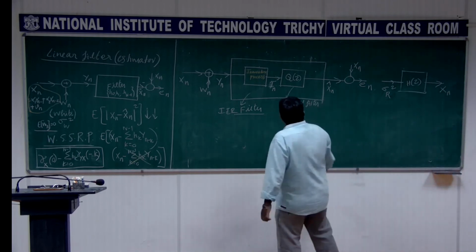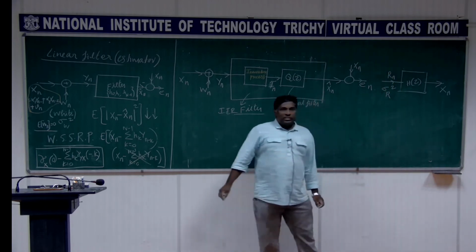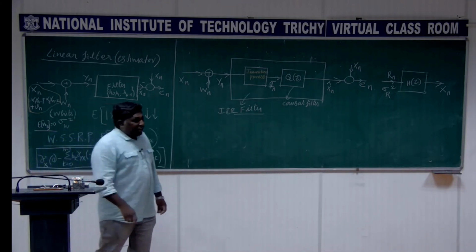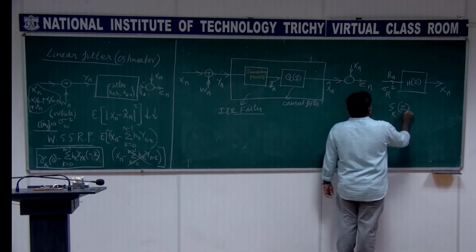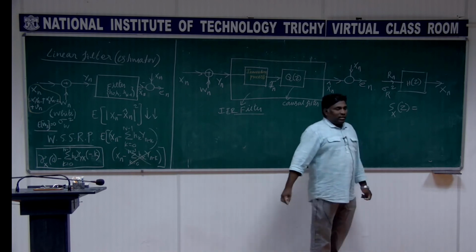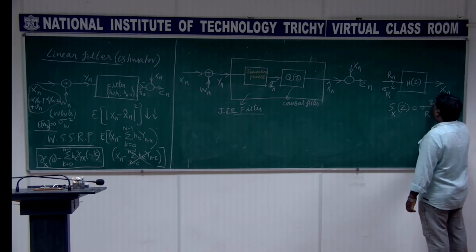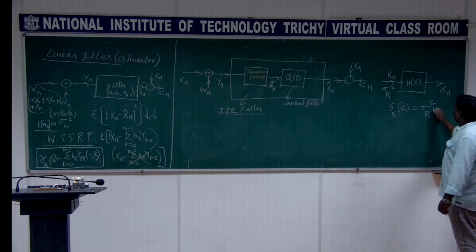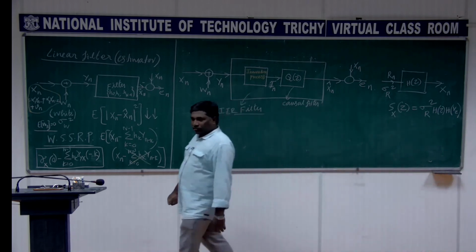The input is the noise here, Rn is the noise, and output is Xn, right? We already derived the expression. The output spectral density is related to the input spectral density, which is constant here, sigma square, it is flat, it is white noise here, and it is multiplied with H of z into H of 1 by z. So this is called the spectral factorization.